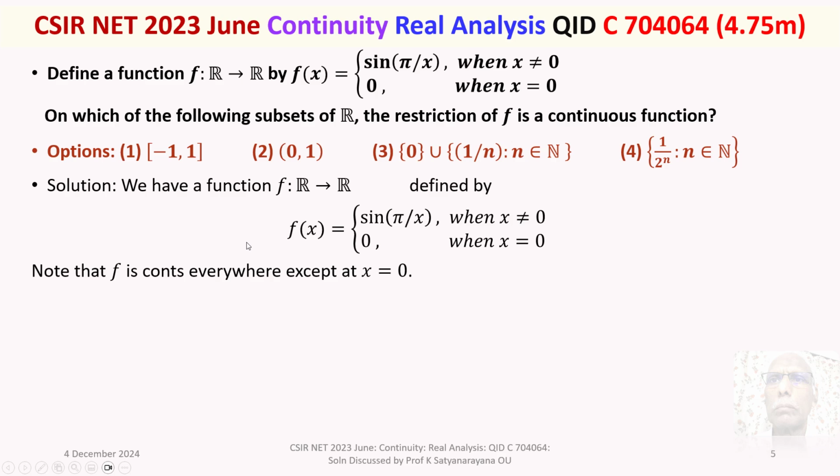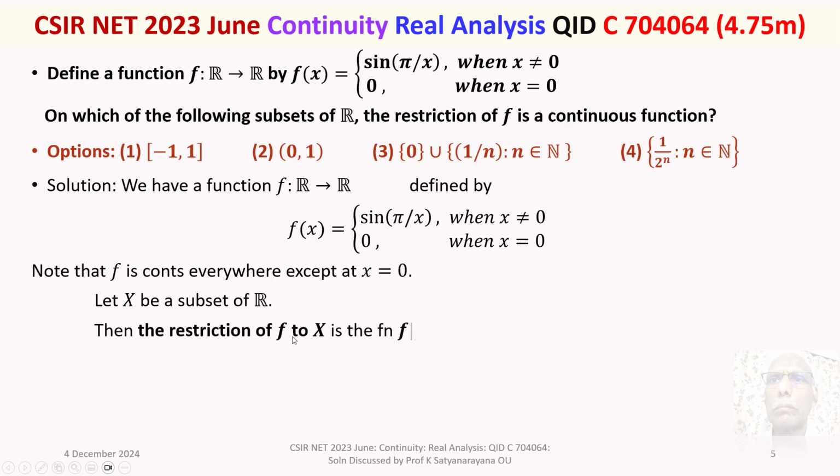Now we get familiarized with the definition of restriction function. Let capital X be a subset of R. How do we define the restriction of the given function f to capital X?